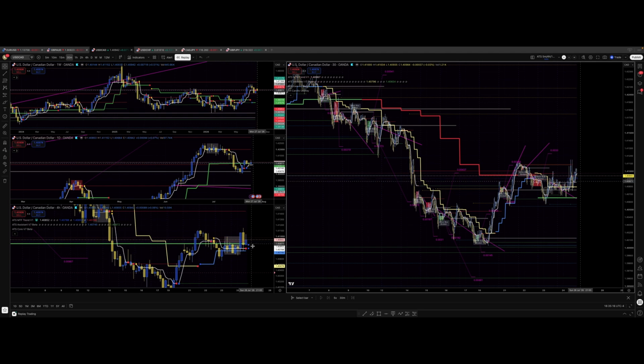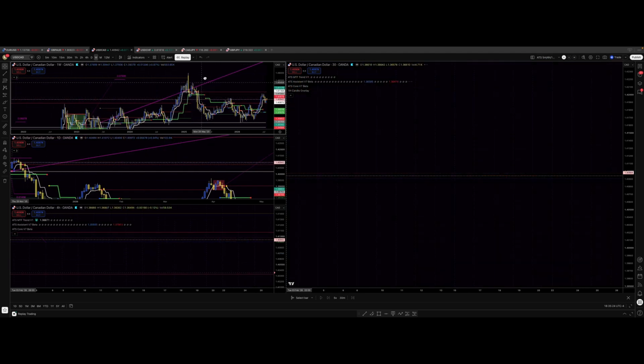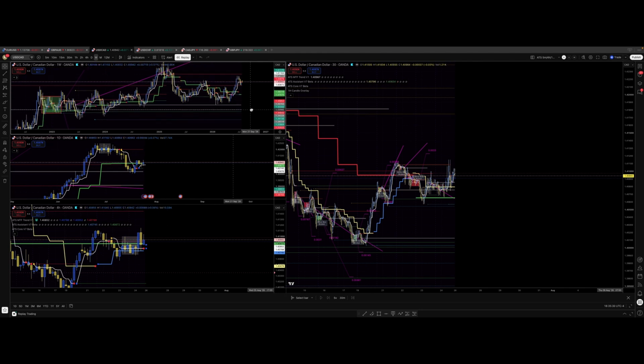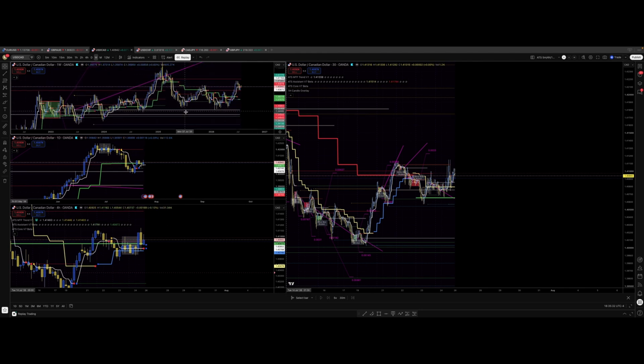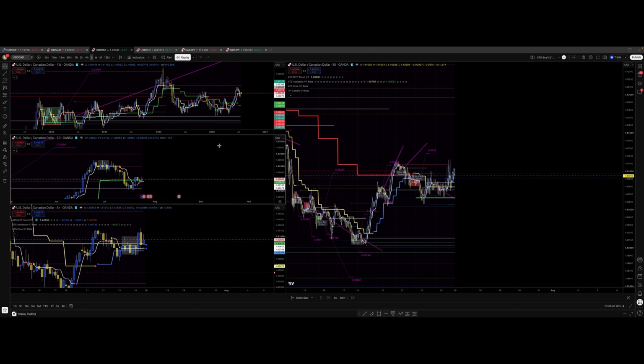I think ultimately we are coming down to this box again. I'd like to see if we can get 1, 2, 3. I mean, there's so much rejection off of here that it may be continuing up. Take out that institutional level.